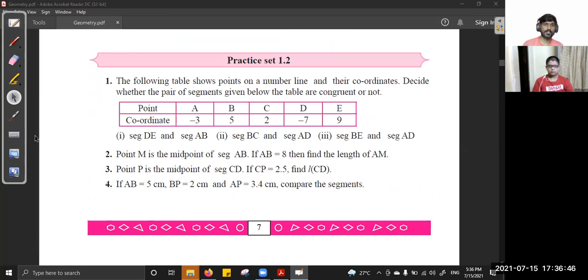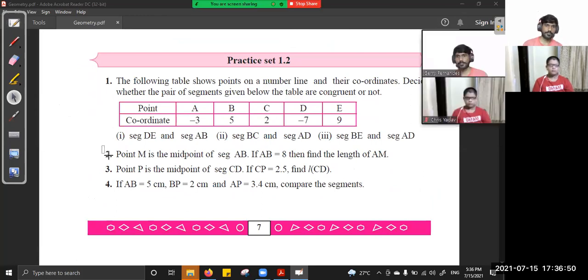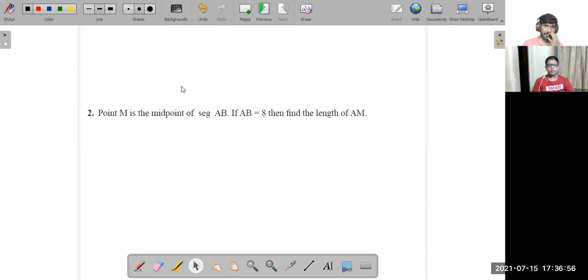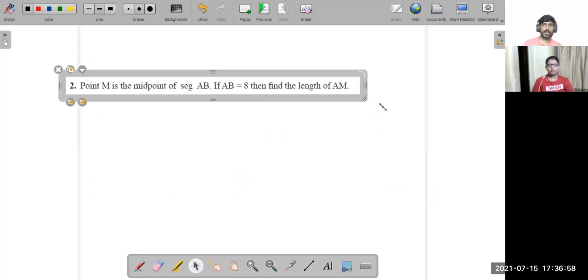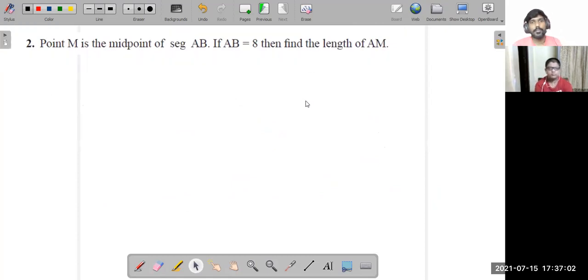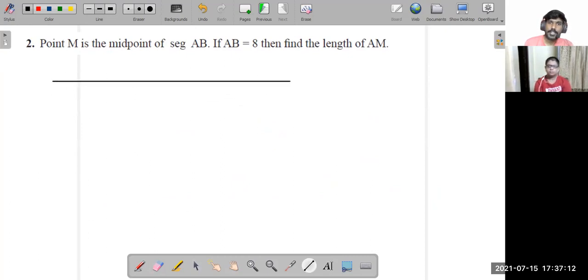Let's do the second. Point M is the midpoint of segment AB. If AB is equal to 8, then find the length of AM. I'll do the diagram.